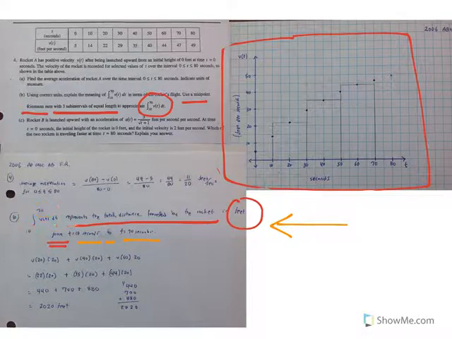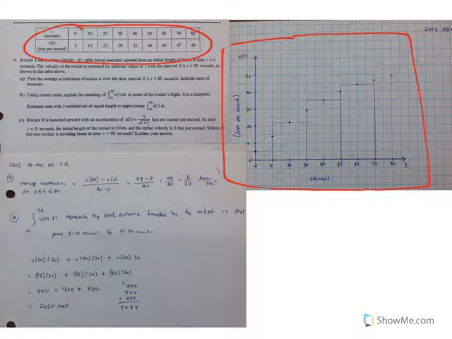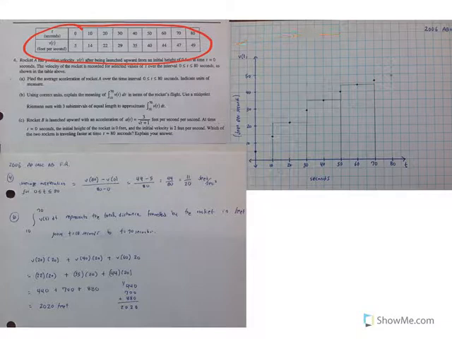Now, this is where it really helps for you to take the information that's presented numerically and plot these ordered pairs so you can visualize this information, and that will help you tremendously with part B. So let's take a look at how we can accomplish that.